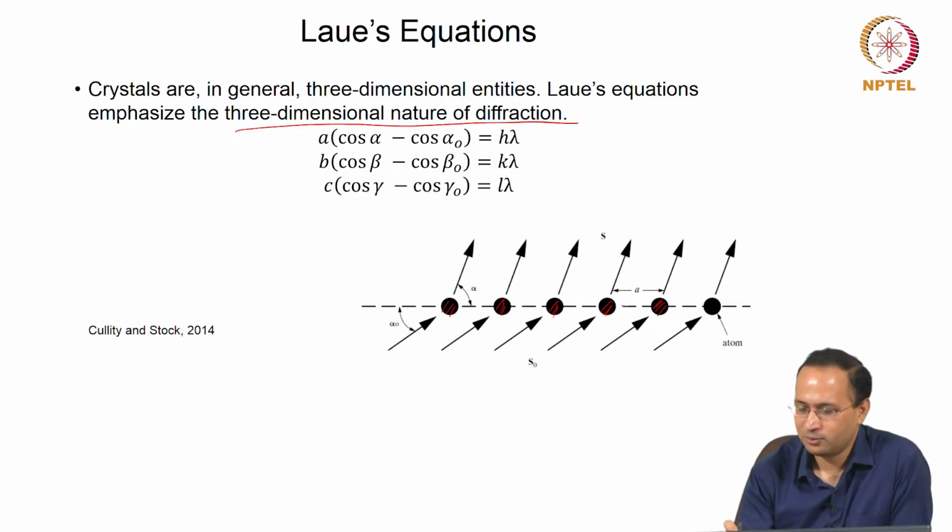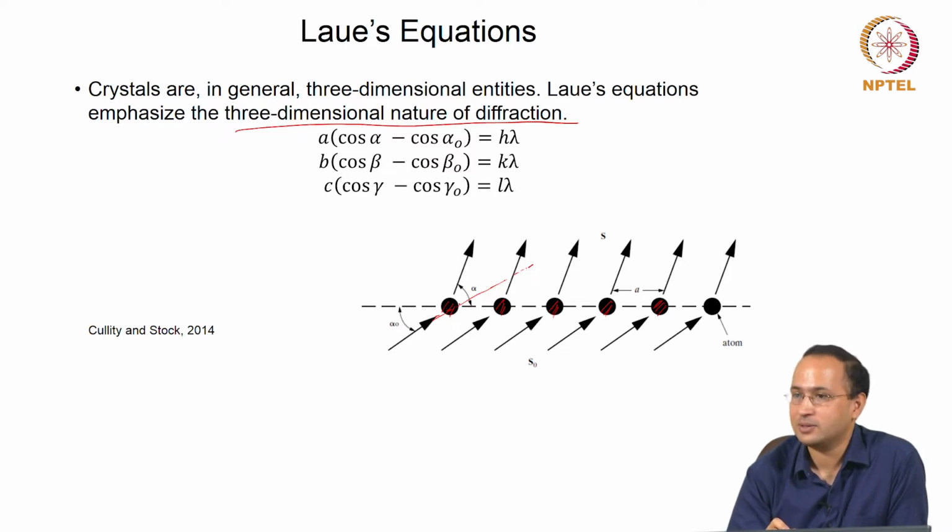So just to simplify, we are saying let us look at the one dimension A, where the distance between atoms is a. So, a times cos alpha minus cos alpha 0, that will be the path difference. Okay? Cos alpha minus cos alpha 0 has to be equal to h lambda if the diffraction condition has to be satisfied in that particular direction.